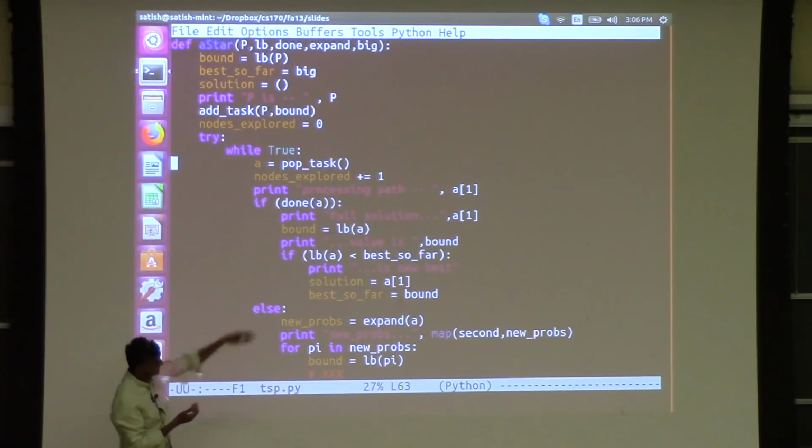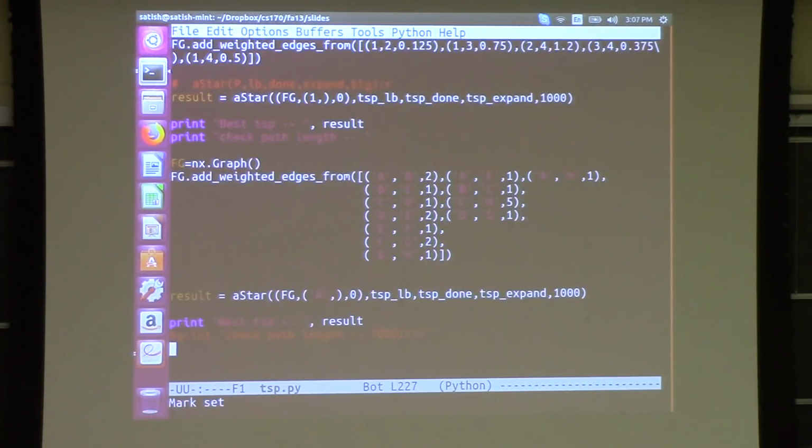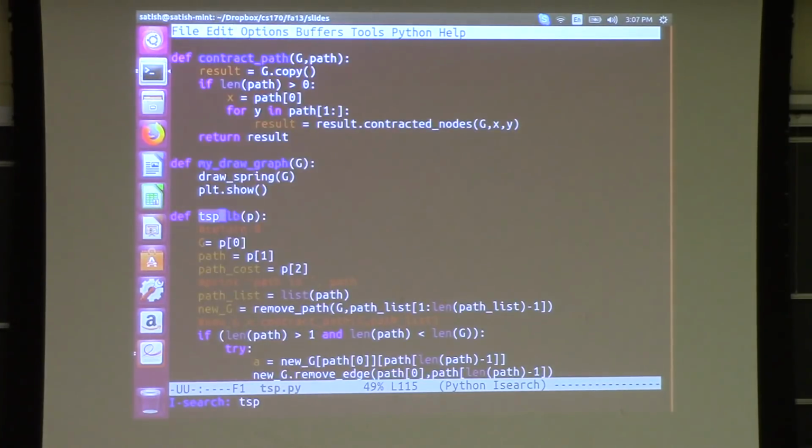And of course, because we did all this, A star, you pass in, it's a higher order function, the TSP lower bound, when you're done, how to expand, and the original problem. So that's just what A star does. It is that generic procedure, and I filled it in with the TSP lower bound.